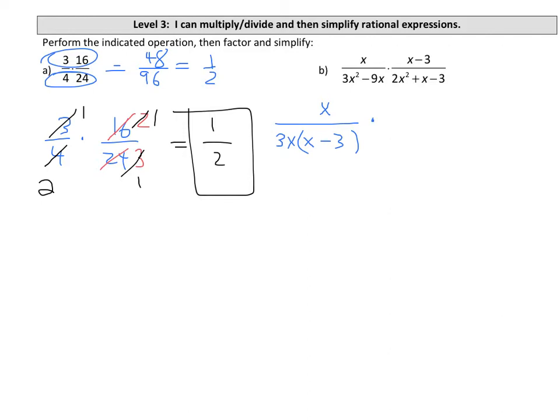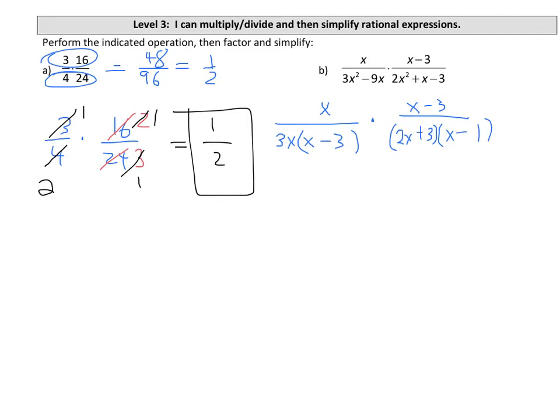Now I make sure the second fraction is in factored form. So I have x minus 3 on the top. And on the bottom, we need two binomials. There's no GCF. So 2x and x, and 3 and 1. And I want a plus here and a minus here.